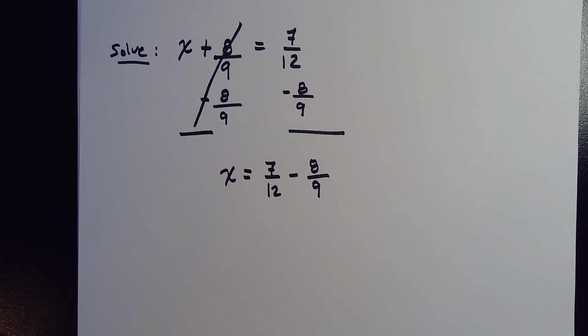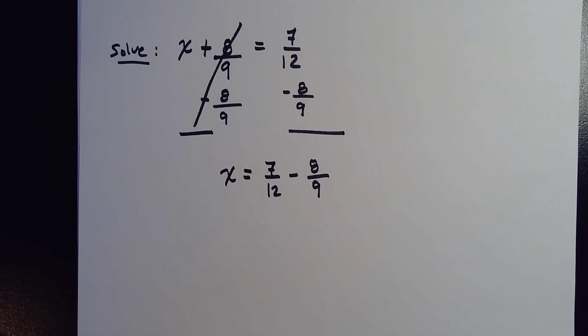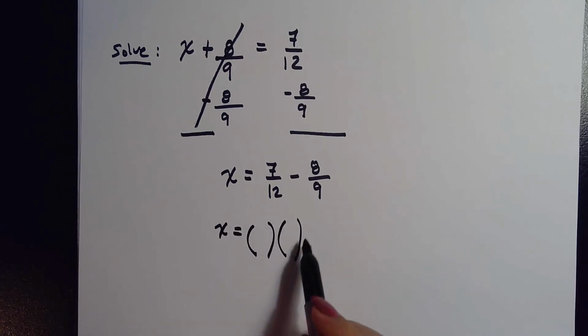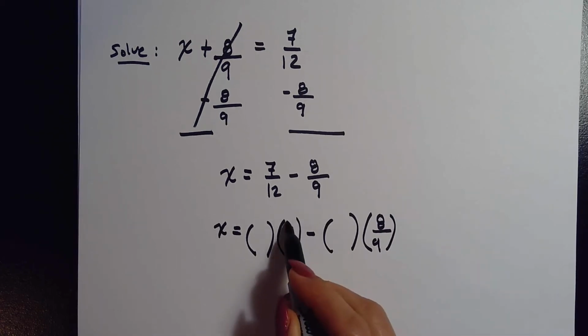We cannot subtract fractions that have different denominators, so we're going to need to find the least common denominator. When you look at 12 and 9, the smallest number that both of these numbers can go into with a remainder of 0 is 36, right? So we're going to need to change each fraction so that the denominators are the same.